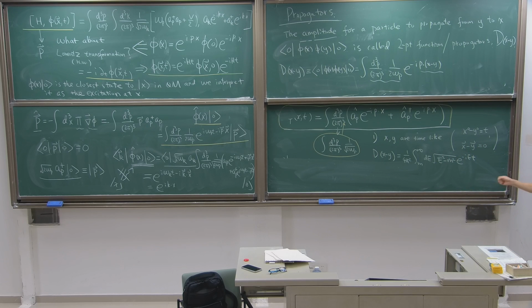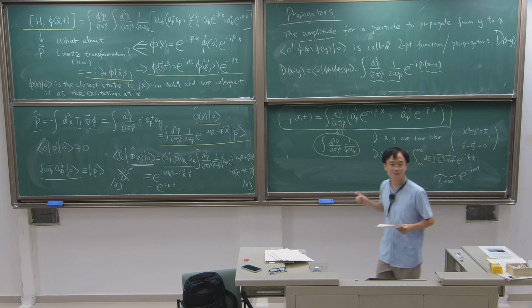If you plug it into Mathematica, it will give you some basic function. It's not trivial. But there is a reliable asymptotic for this integral: if t goes to infinity, this will be asymptotic to exponential of minus i m t.